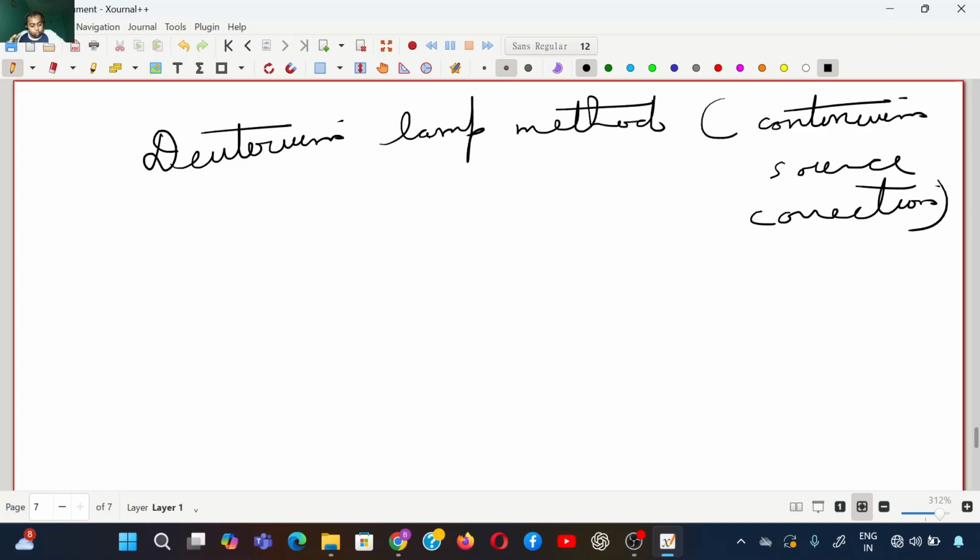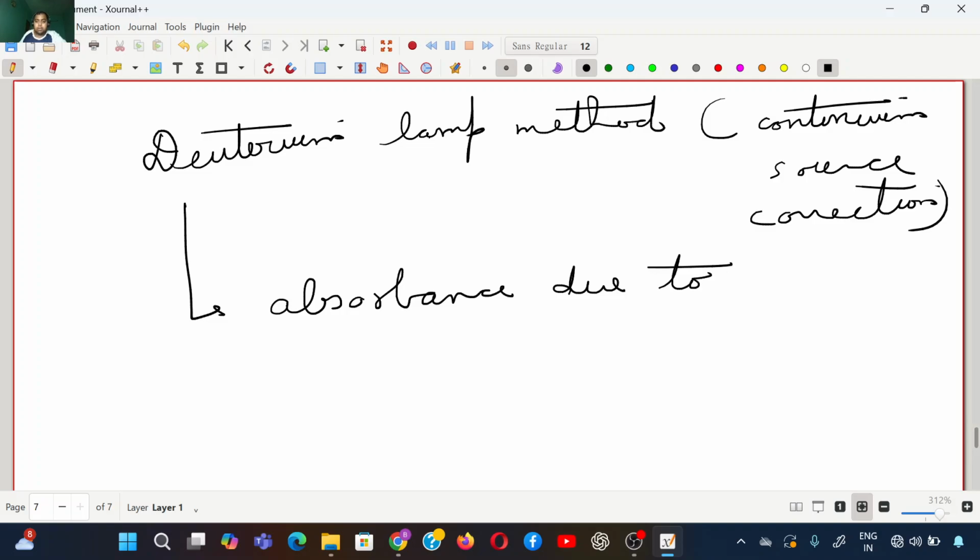Basically you compare the signals and subtract to remove the background radiation. So that's how this deuterium lamp method helps us. Deuterium lamp.